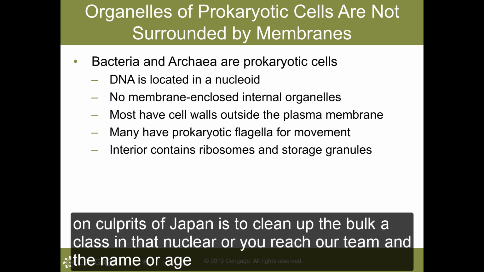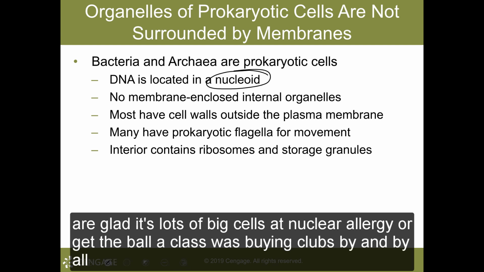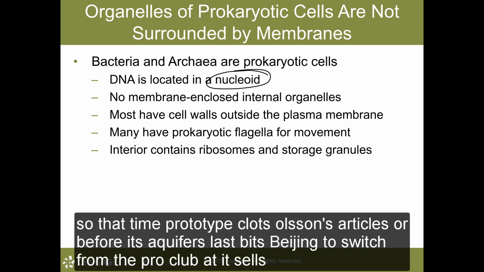In prokaryotic cells, the DNA is typically located in that nucleoid region. Unlike the nucleus found in eukaryotic cells, that nuclear area or nucleoid is not enclosed by any membrane at all. So that term prokaryotic also means pre-nucleus, or before the nucleus, and it refers to this major difference between the prokaryotic and eukaryotic cells.